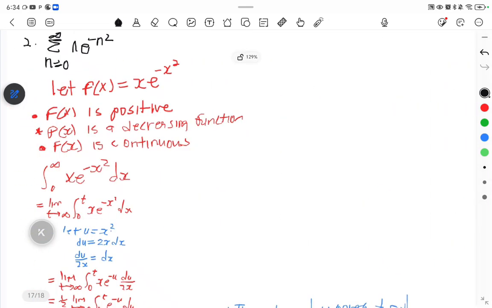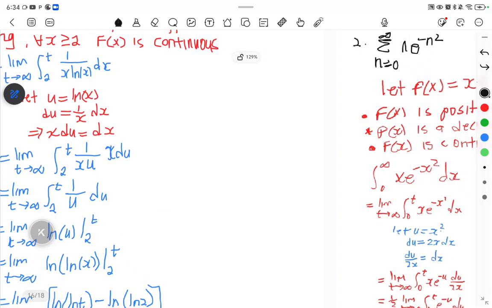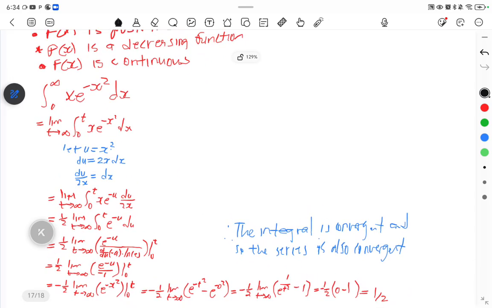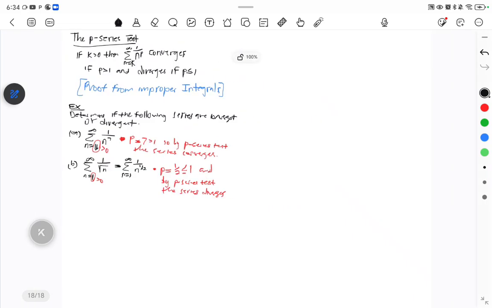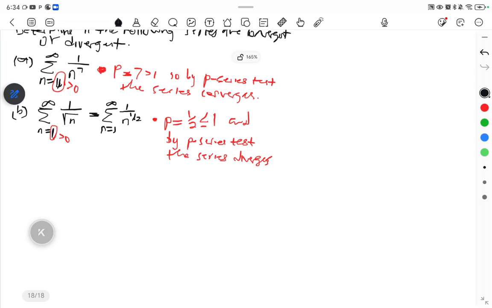But before we can do that, we need to look at the comparison tests. Then we can come back to questions. So for us to apply the integral test while we are reducing and applying the p-test series, we need to go to a comparison test.